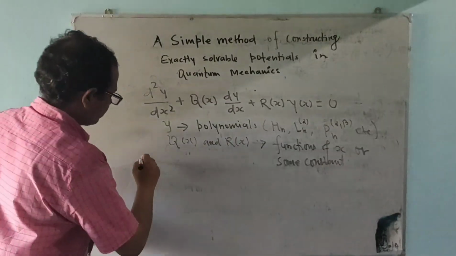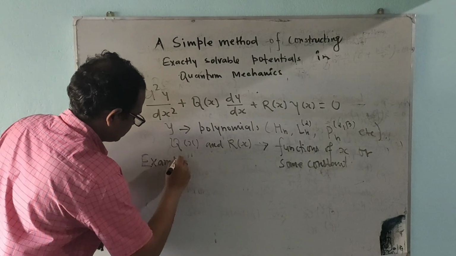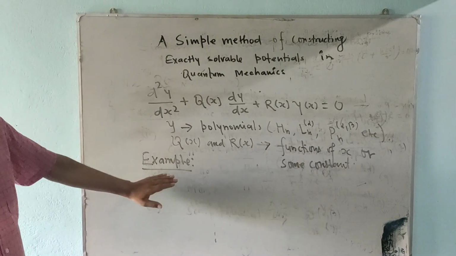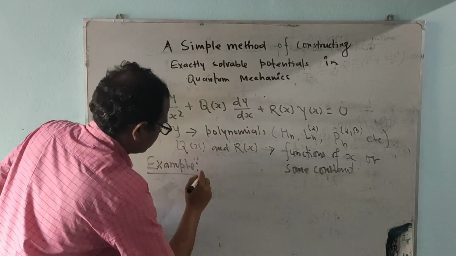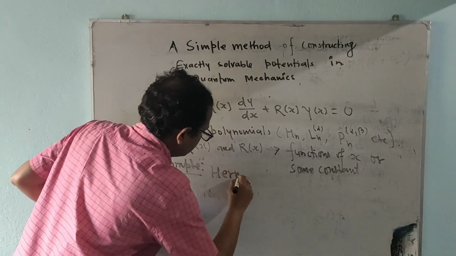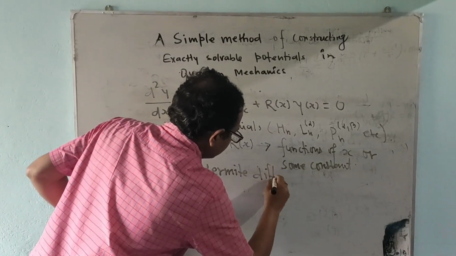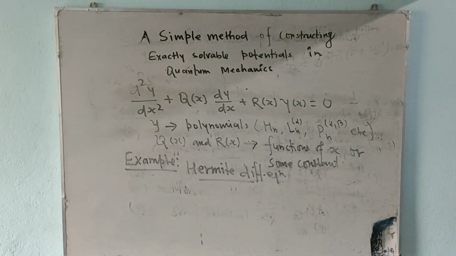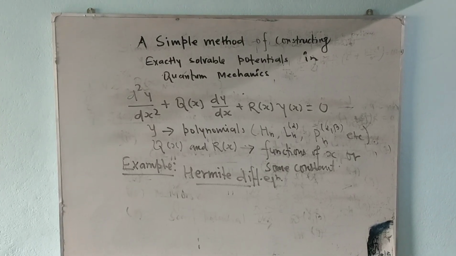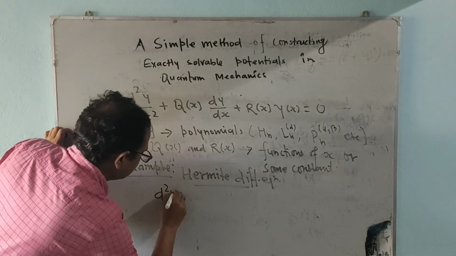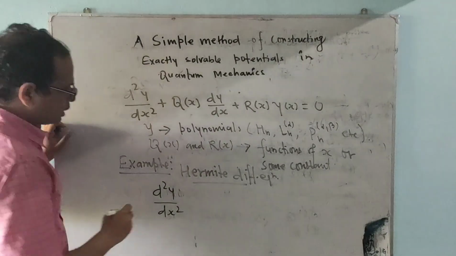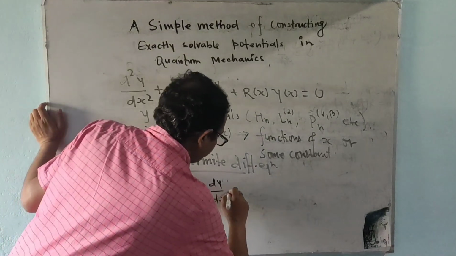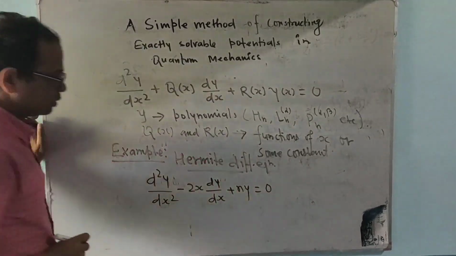For example, if you consider the Hermite differential equation, which is written as d2y by dx square minus 2x dy by dx plus n y equal to 0.